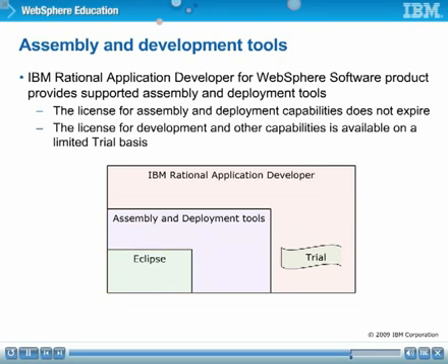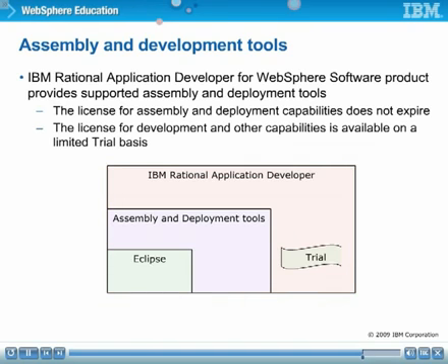Eclipse is an open source community whose projects are focused on building an open development platform comprised of extensible frameworks, tools and runtimes for building, deploying, and managing software across the lifecycle. The assembly and deployment tools are built upon Eclipse. IBM Rational Application Developer includes the assembly and deployment tools and is also based on the Eclipse platform.